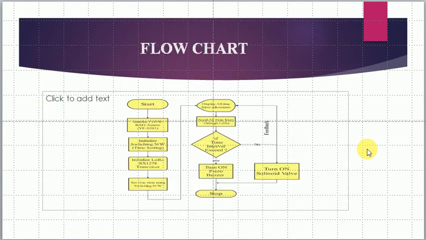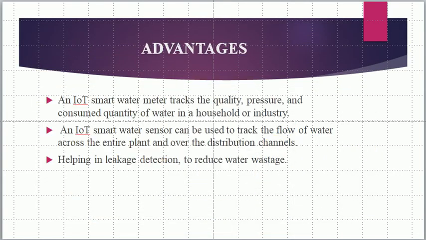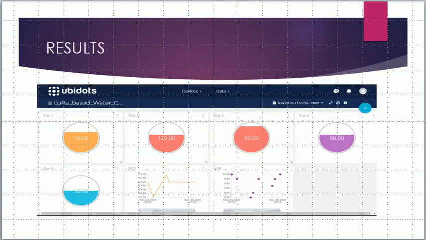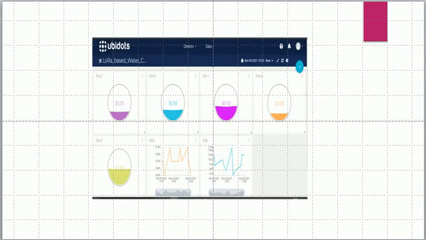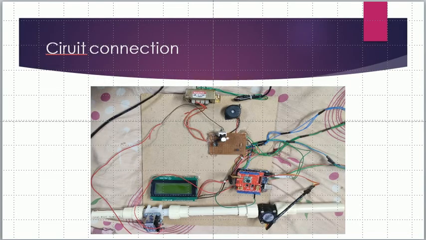These are some of the results we get in the simulation part. This is the circuit connection, and here we can see the LCD display. We can see the representation of how much water is filled, and with the help of the buzzer we get an indication.